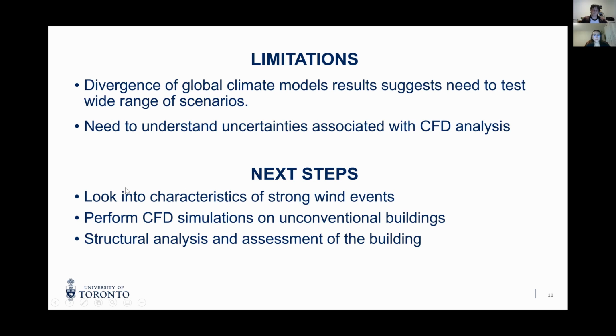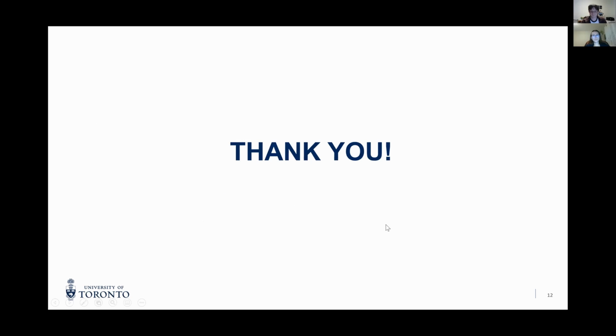So there's currently a big research area looking into the quantification of these uncertainties. And also maybe we can aggregate or disaggregate some of this data so we can do scenario-based analysis. So that's it. Thank you.